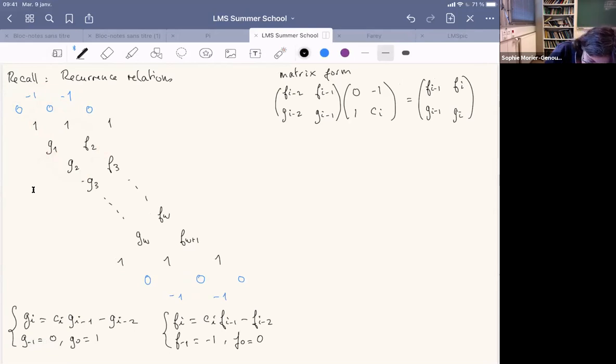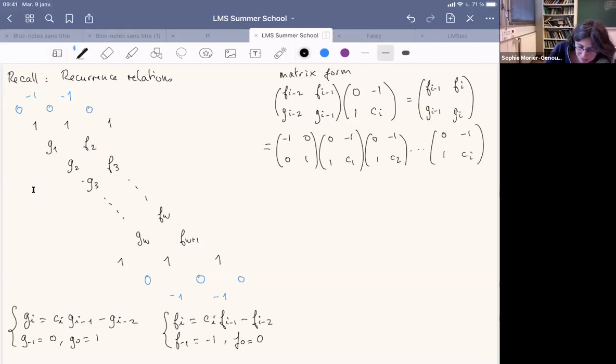So I can start with the initial condition here, apply first C1, then C2, and so on up to Ci. And I have the window corresponding to F_{i-1}, F_i, J_{i-1}, and J_i.